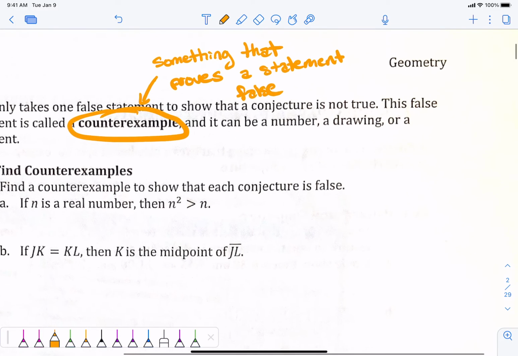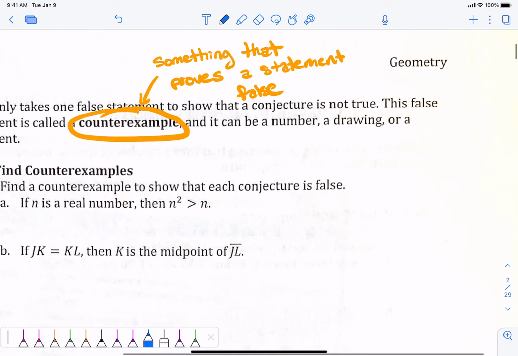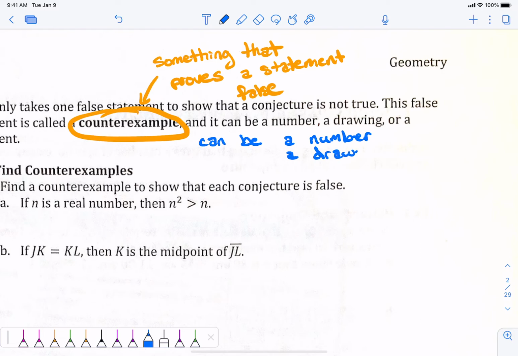Okay? Now, this counter example can be a number, it can be a drawing, or it can be a statement. Okay? It can be a number, a drawing, or a statement.